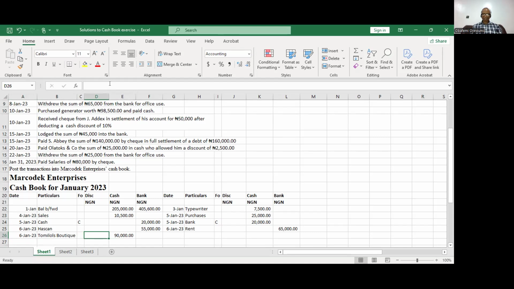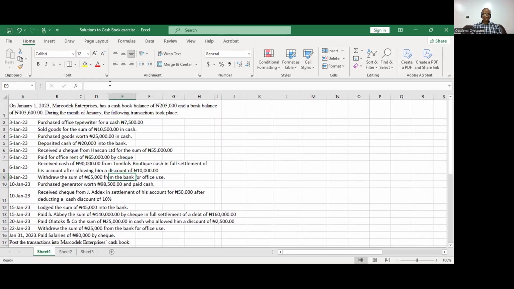So he got a discount of 10,000, so you're going to have a discount here of 10,000. Altogether, the total amount of money was initially 100,000, but he got 90,000, meaning that he was given a discount of 10,000. So here is discount given. Now let's go to the next transaction.